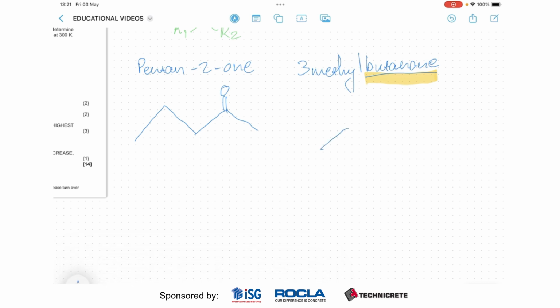Let me just draw it again. I'll put it here, so this is carbon number 2, and then on carbon number 3, we have a methyl.